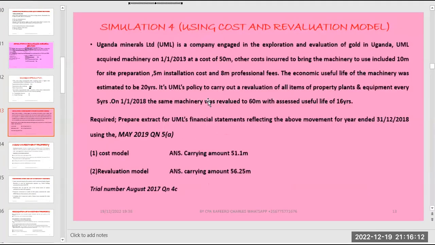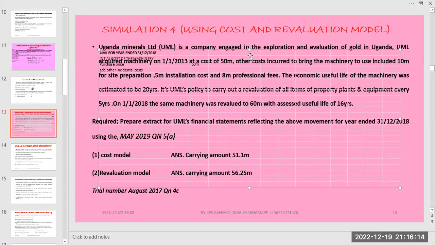When you look into the question, it says we incurred other costs to bring the asset to use, meaning all these costs were incurred in bringing the asset to use. If these costs are not incurred, it means we can't operate the asset. So that's basically what you look at.